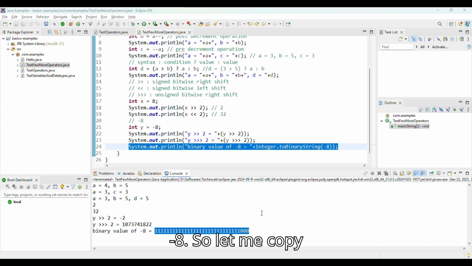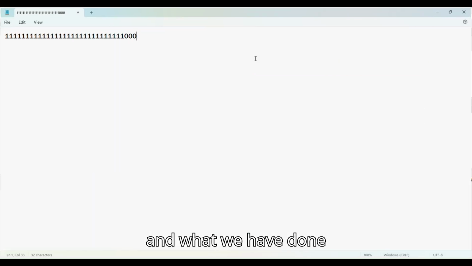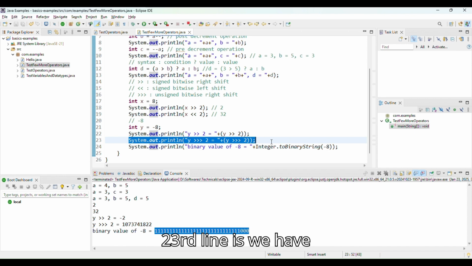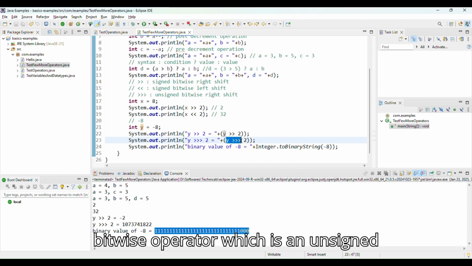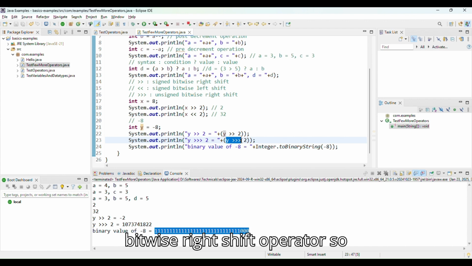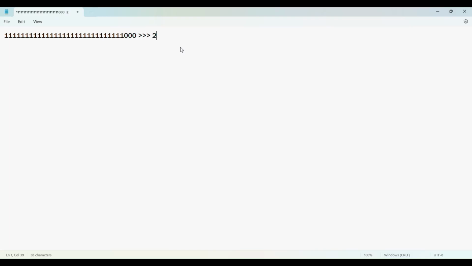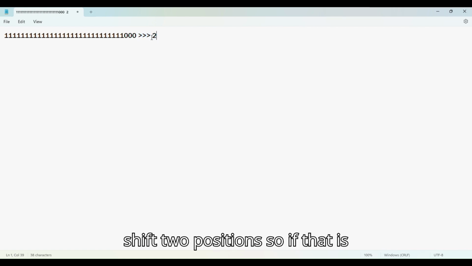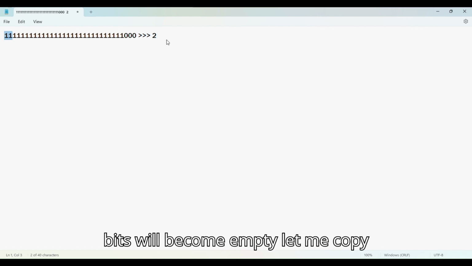So let me copy this minus 8 binary value here. And what we have done in the 23rd line is we have mentioned the y value should use the unsigned right shift bitwise operator, and shift two positions. If that is what happens, then obviously these two bits will become empty.